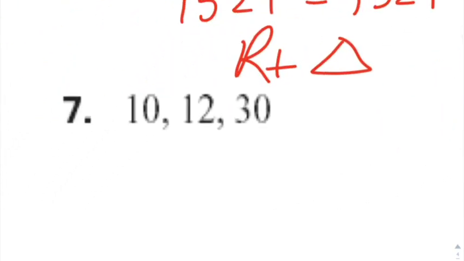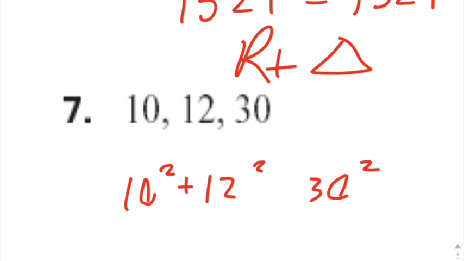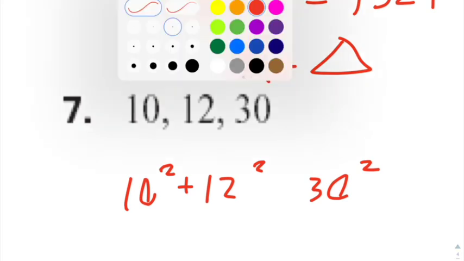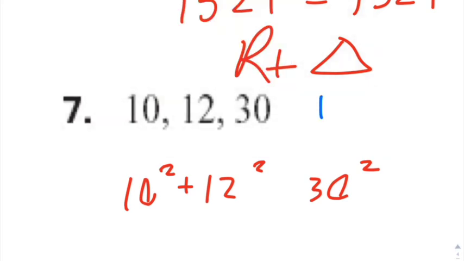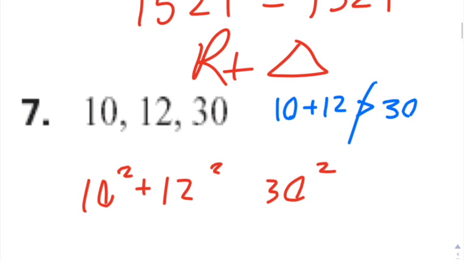Here you got to be careful because some of you guys might jump and do the 10 squared and 12 squared and then check the 30 squared, and you might get some type of conclusion, but at the very beginning here, this one's kind of a special case. 10 plus 12 is not greater than 30. Therefore, you cannot even make a triangle.